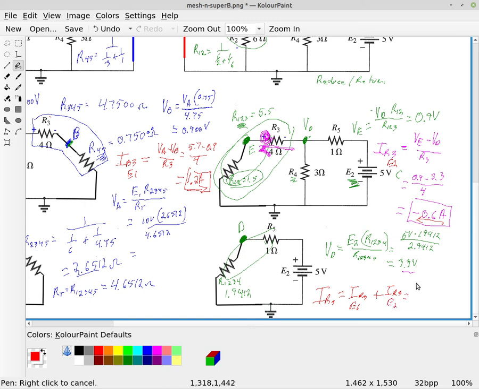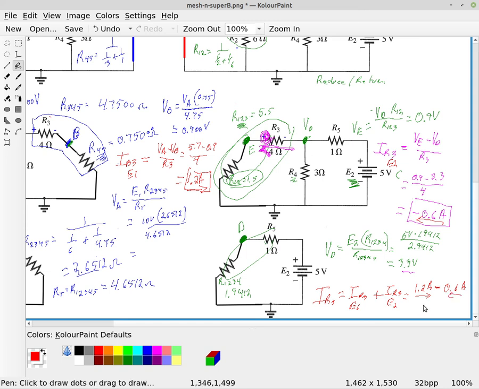The first one is 1.2 amps left to right, and the second one is right to left, so that's where this minus comes in, 0.6 amperes that way.